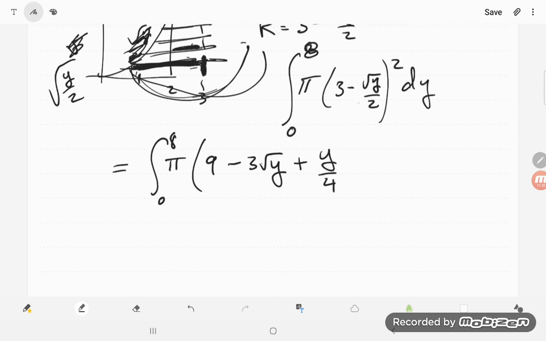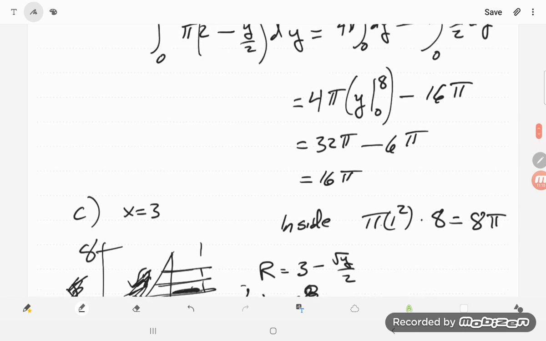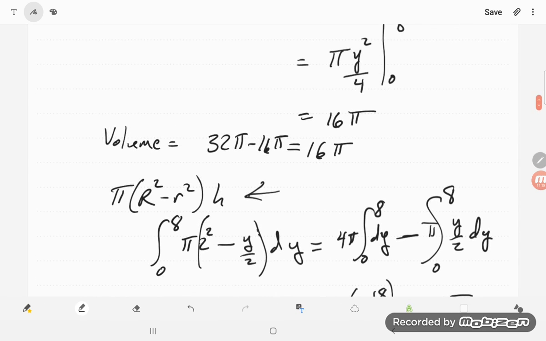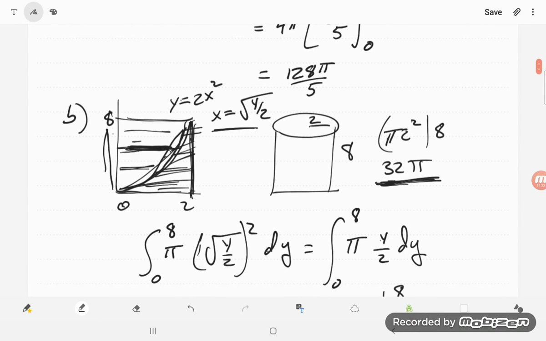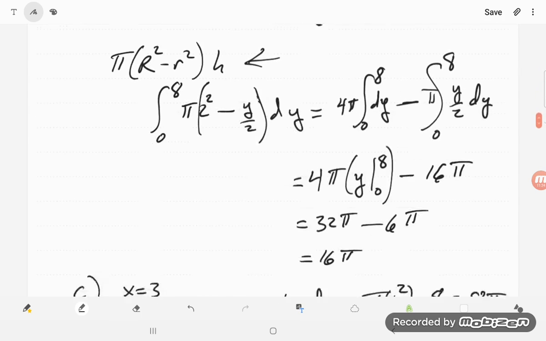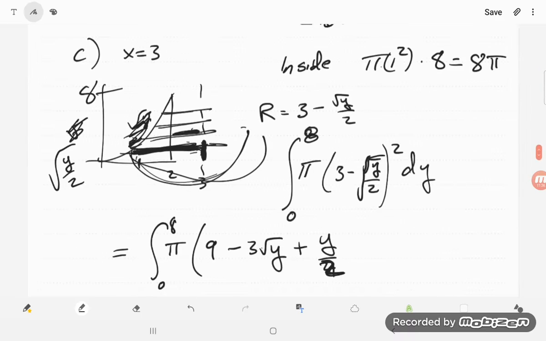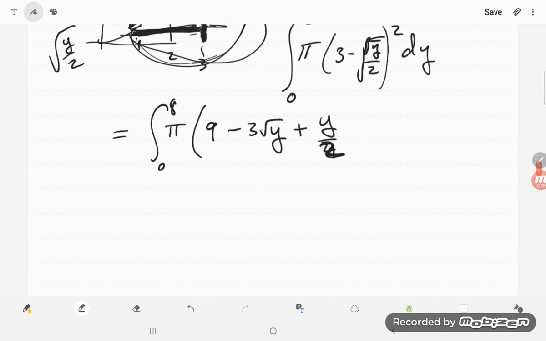So sorry about that. That square root goes over that whole thing. That is y over 2. Let me check that again to make sure. Yeah, okay. Yep, okay. Whew. It's a close one. Okay, so that's y over 2 when I square that, and dy.